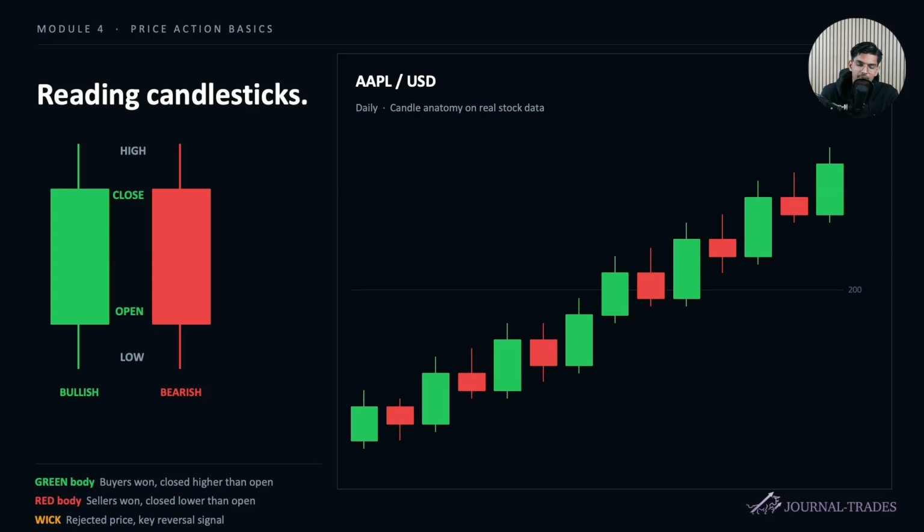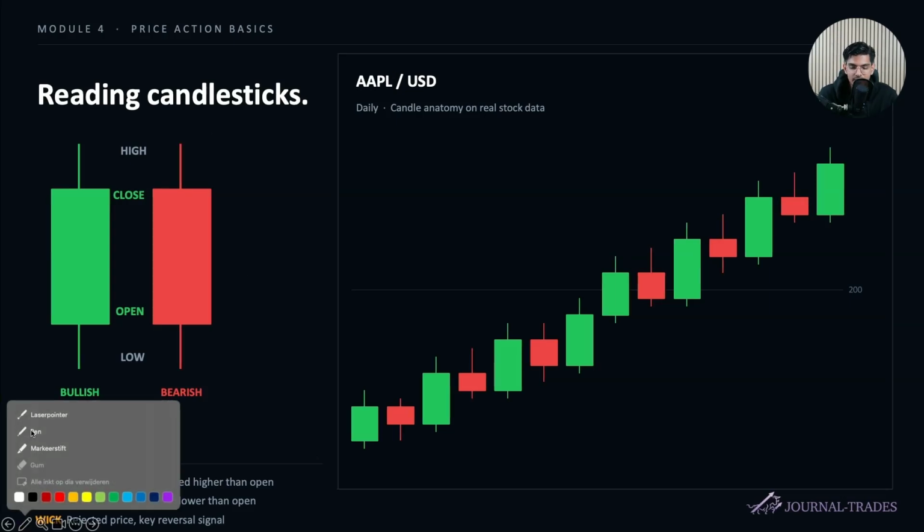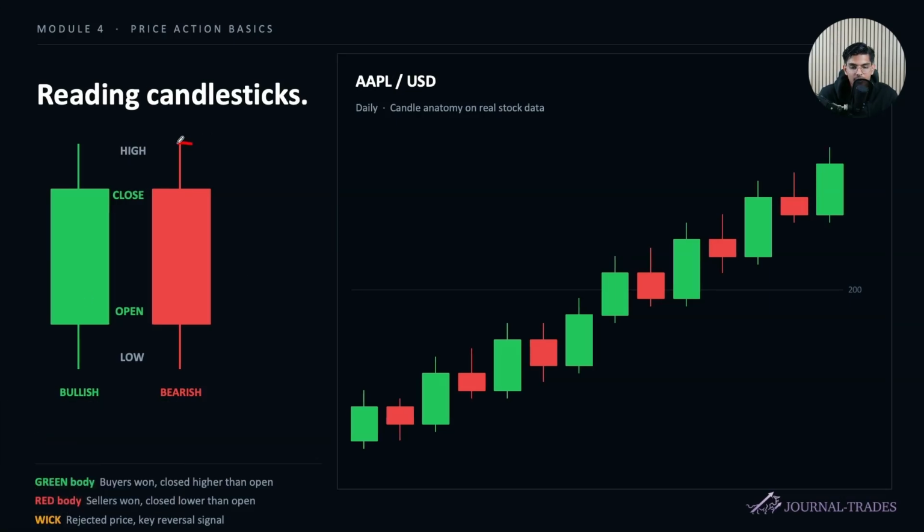A wick is essentially the rejected part of a candle. Let me try to draw it for you. As you can see right here, the price was able to move upwards in that 15 minutes, but it went down again. Then it went all the way down to this level, and from there it went up again to this level.